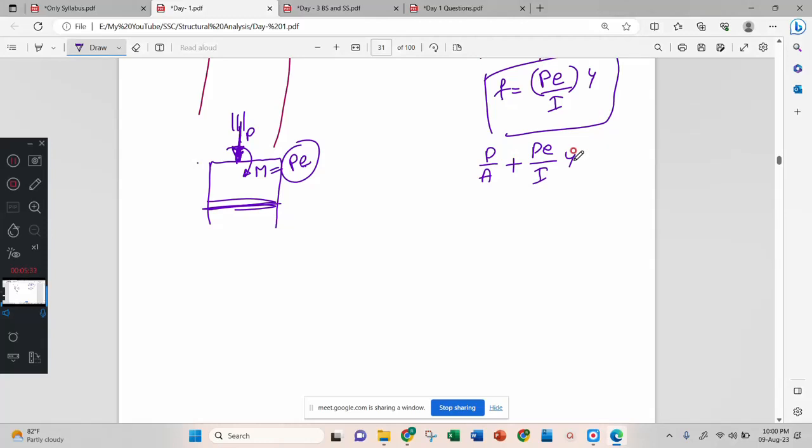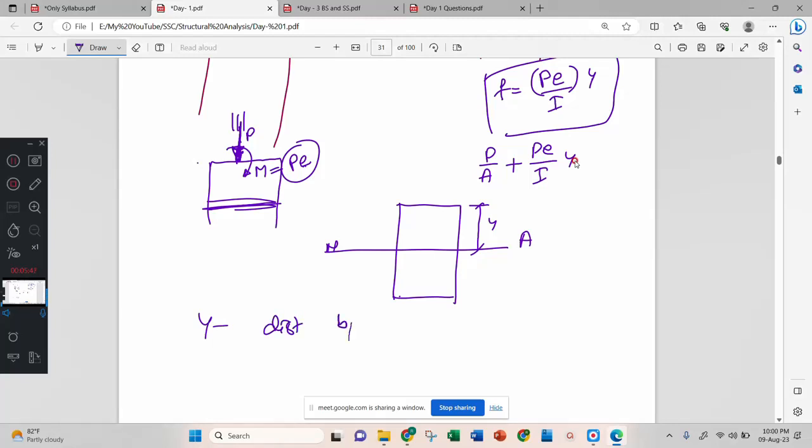But the meaning of Y is, if this is a neutral axis, then the extreme fiber distance we call Y. That is, Y is the distance between the neutral axis and the fiber of interest, or the extreme fiber. Okay? I gave two definitions: Y comes from the bending equation, and Y is the distance between the neutral axis and the fiber of interest. Hope you understood.